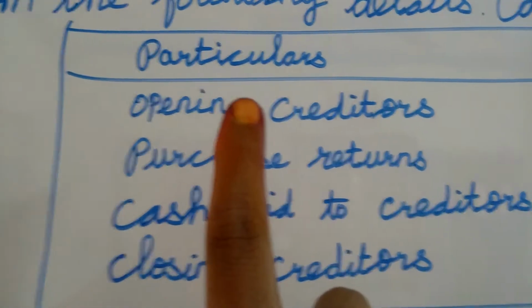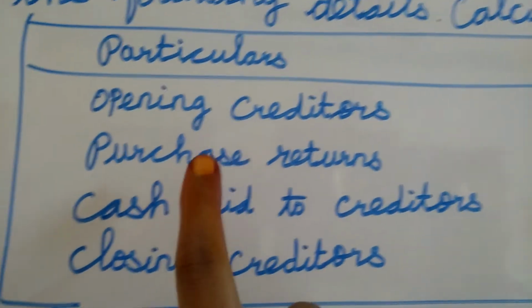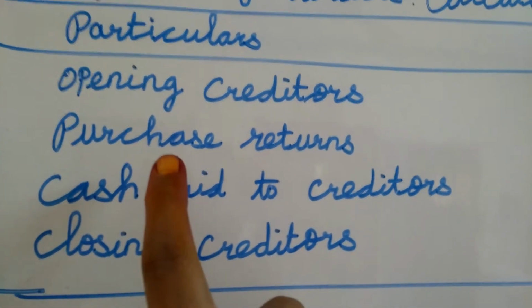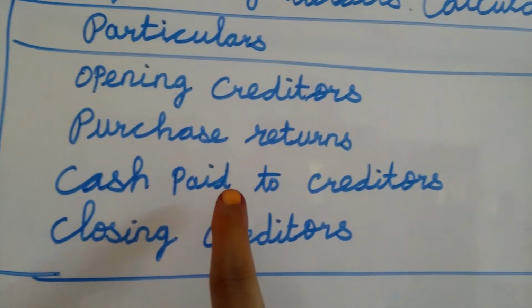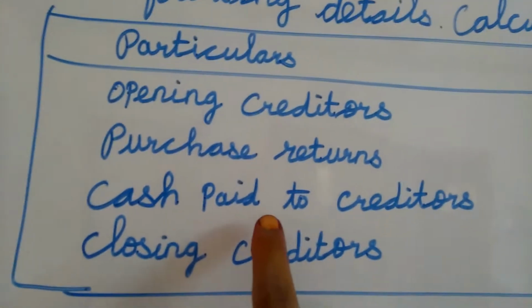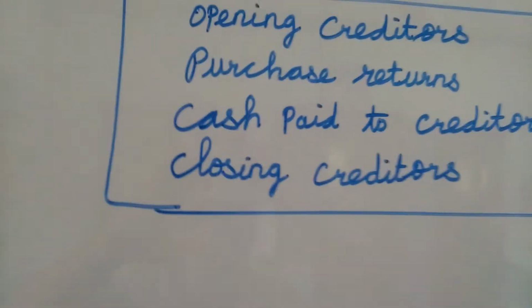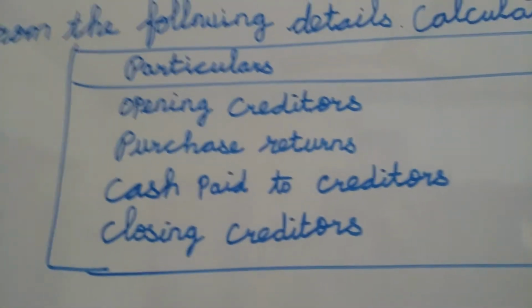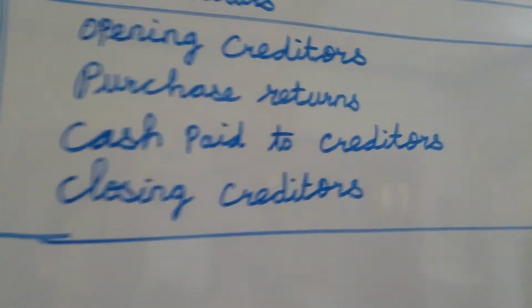Opening creditors is the opening balance; which side will it come? Credit side. Purchase returns we show on the debit side. Cash paid to creditors, in the form of cash or cheque paid, debit side. And closing creditors also on the debit side. We just apply that format.